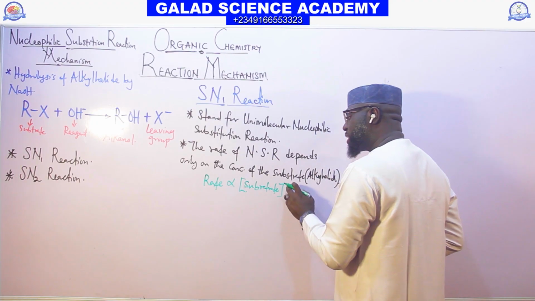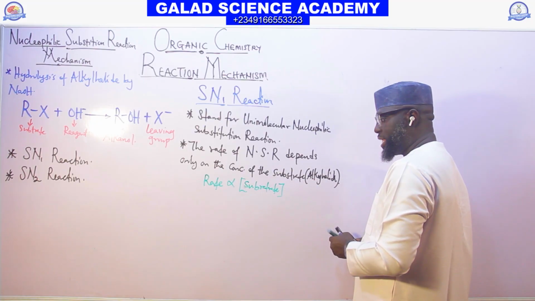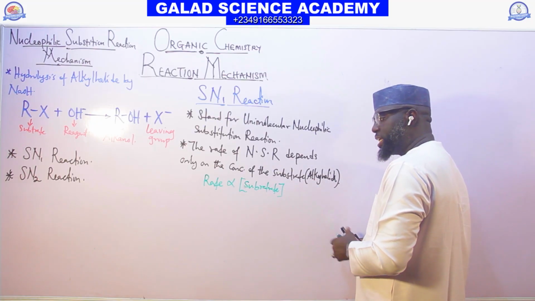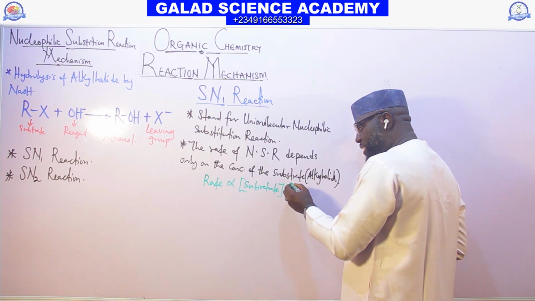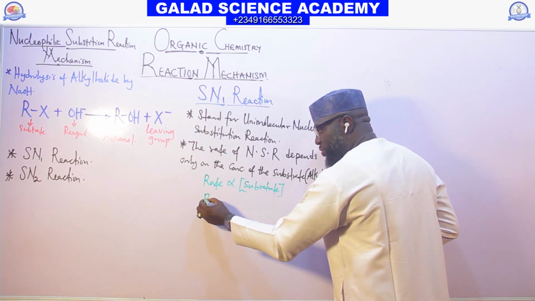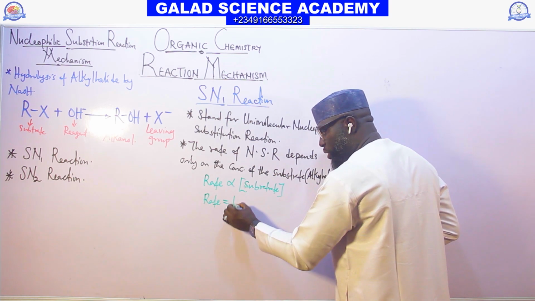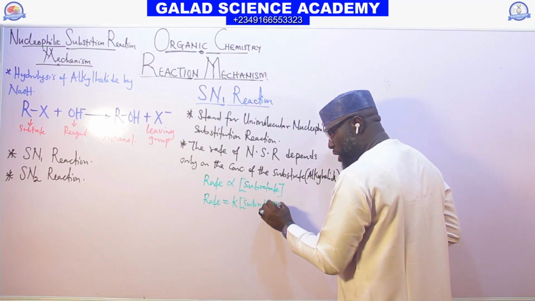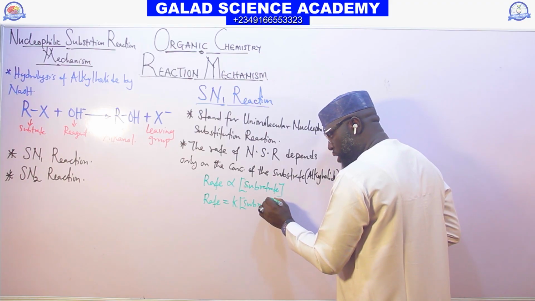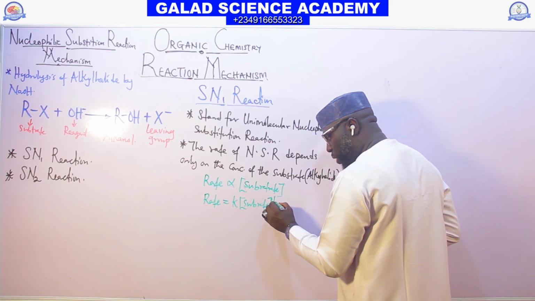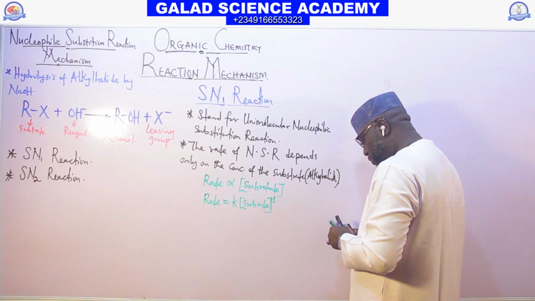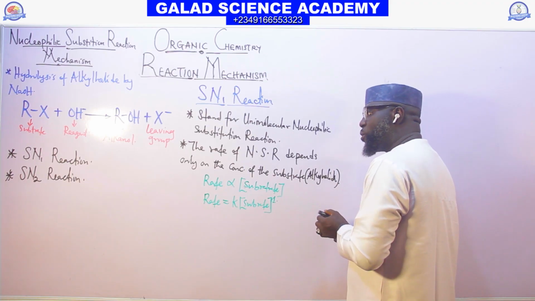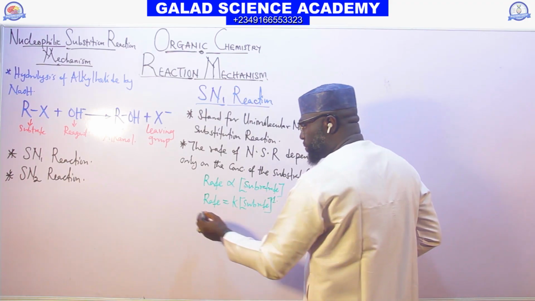And the substrate is an alkyl halide. The power of the rate here is this. You can now have rate of reaction equal to k times the concentration of the substrate to the power of 1.